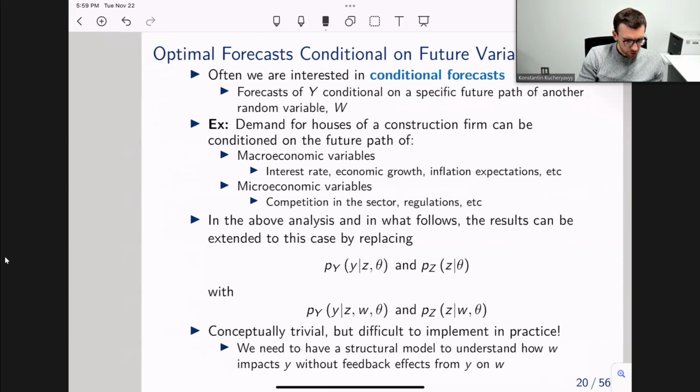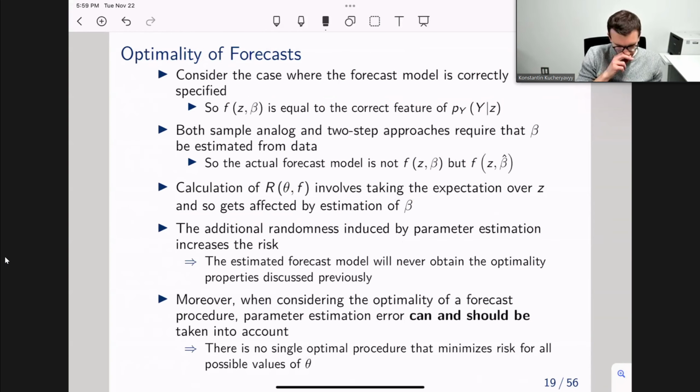Okay, now let me go back to this slide. Suppose we correctly specified the forecast model, and so this F(Z, β) given the data and some parameter is parameterized by beta.